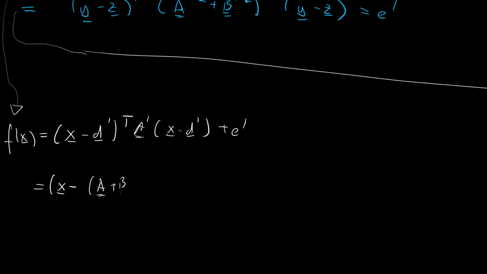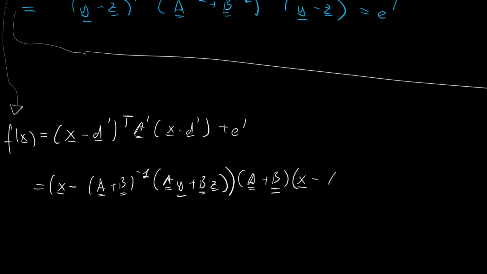(A plus B) inverse times (A y plus B z), then closing brackets, and then we have A prime was given as A plus B of our original problem, then multiplied with x minus, and then the same thing again, (A plus B) inverse times (A y plus B z).